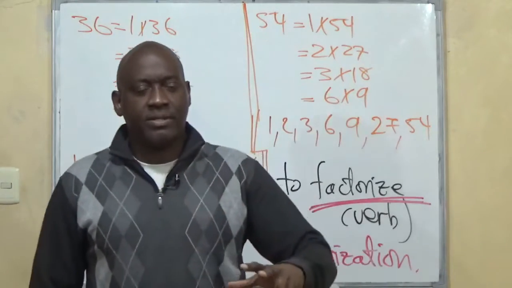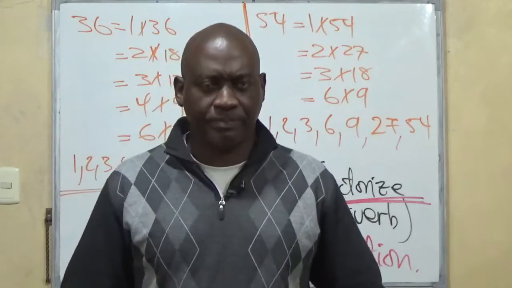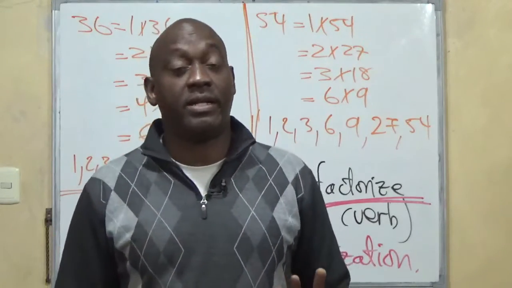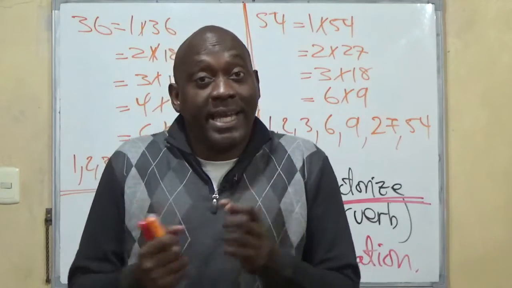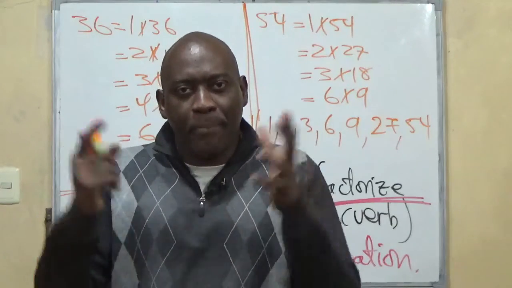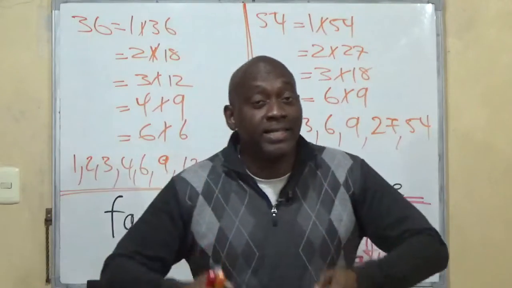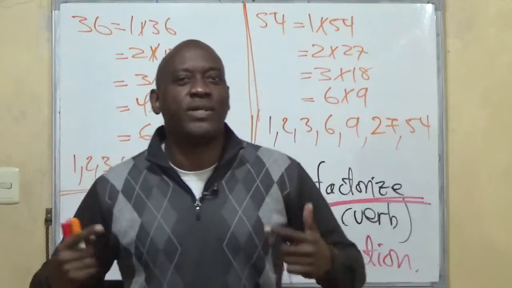To decompose something means to break it down. That is a term we would be familiar with from chemistry. So you take any number and you break it down into its constituent factors.